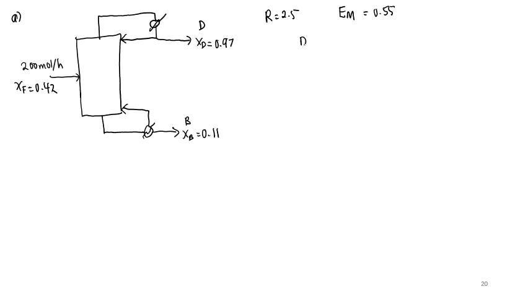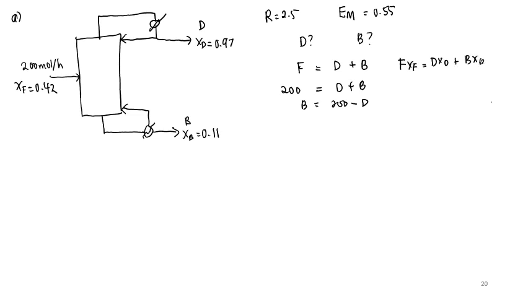So let's do part A. You want to find what is D, what is B. So do overall material balance: F equals D plus B, 200 equals D plus B. So B equals 200 minus D. And also you can do component balance: F xf equals D xd plus B xb.